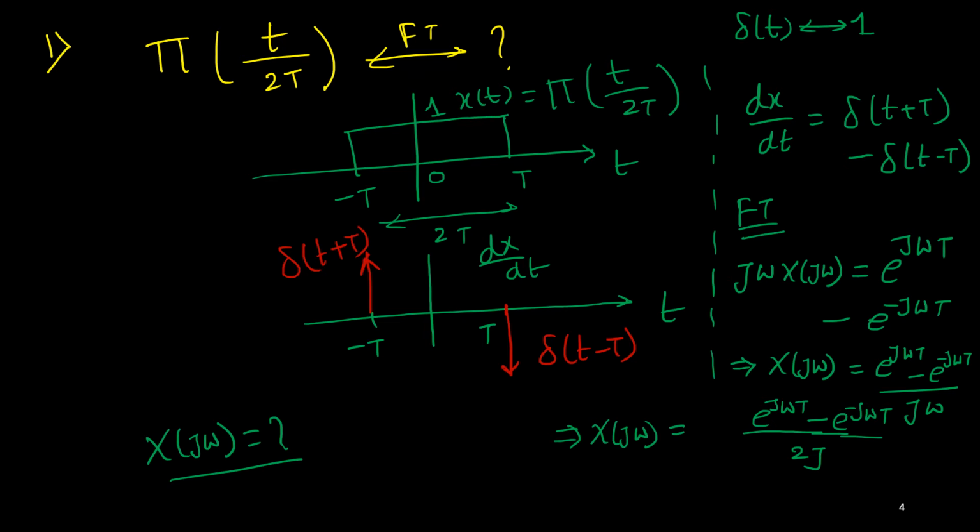Since 2 is multiplied here, I need to multiply the numerator as well by 2, and this omega I'll put here. You see this is your sine function. So thus you will get X of j omega is simply 2 upon omega times sine of omega T. This is a sinc function that we discussed earlier. So if you consider a rectangular pulse, a gate function, then the frequency spectrum will be a sinc function, right?